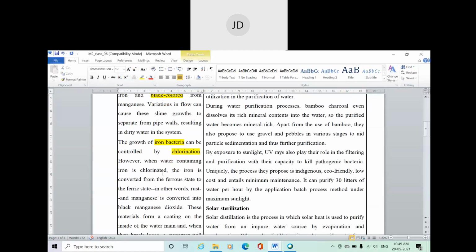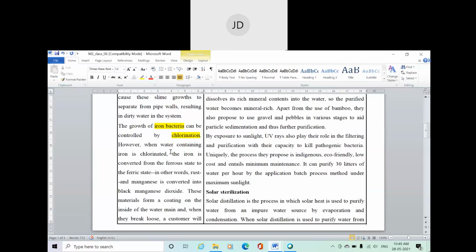Okay, but during the process of removing the iron bacteria from the water by chlorination, as a result of chlorination, the iron which is present in the ferrous state, it is a kind of chemical composition basically.